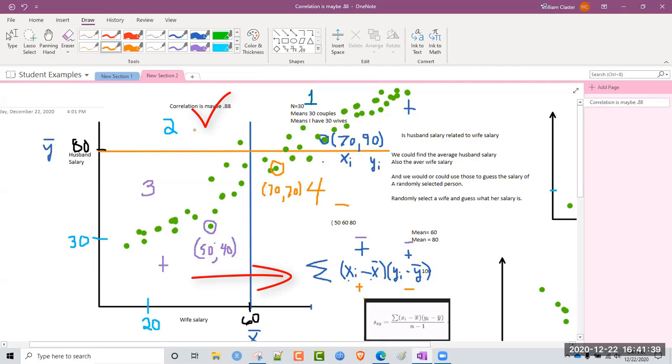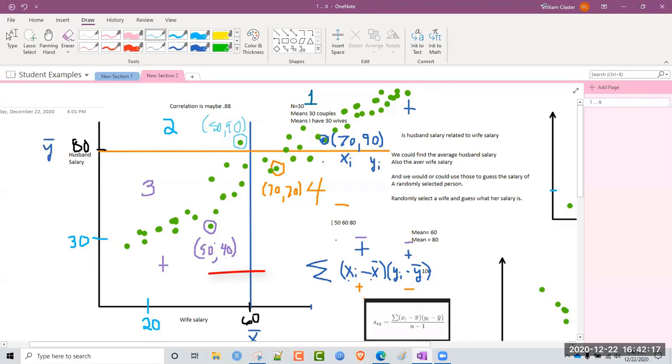And what about here? So let's take one more. So let's take this one, a dot here. If we look at its coordinates, the x coordinate is going to be less than 60. So let's say it's 50. And the y coordinate is going to be more than 80. So let's say 90. It's really not 90, but let's say 90.